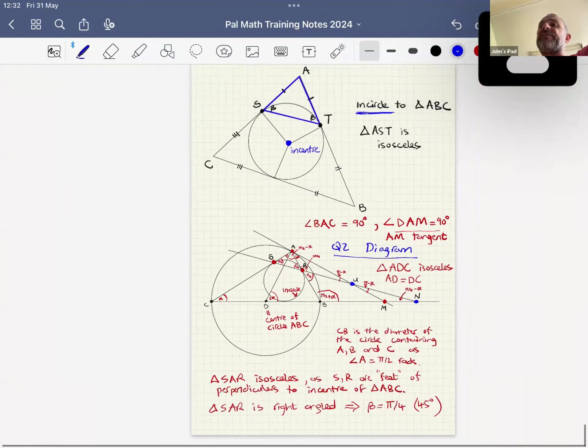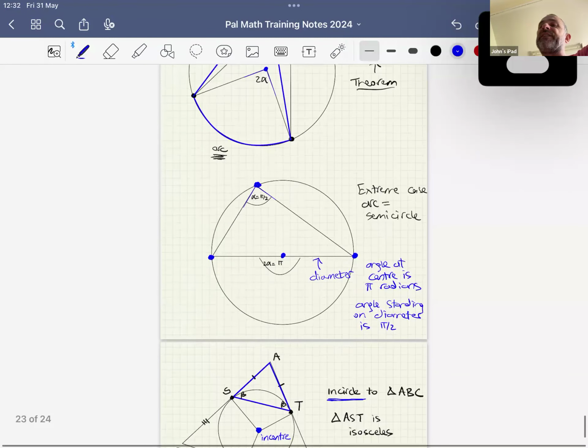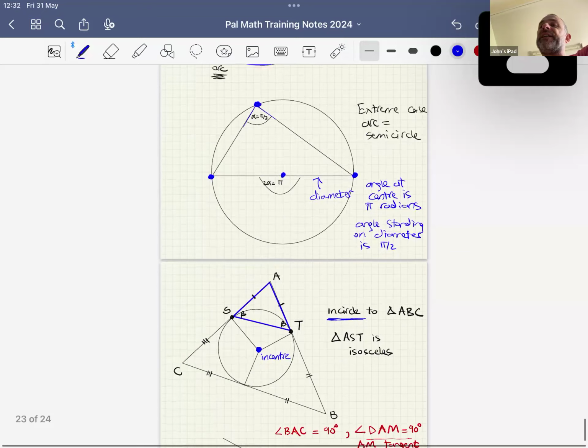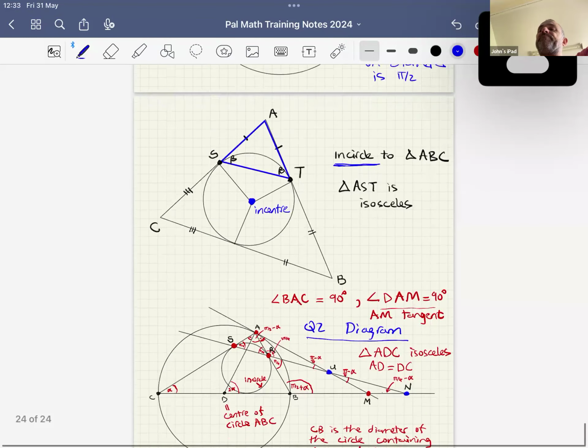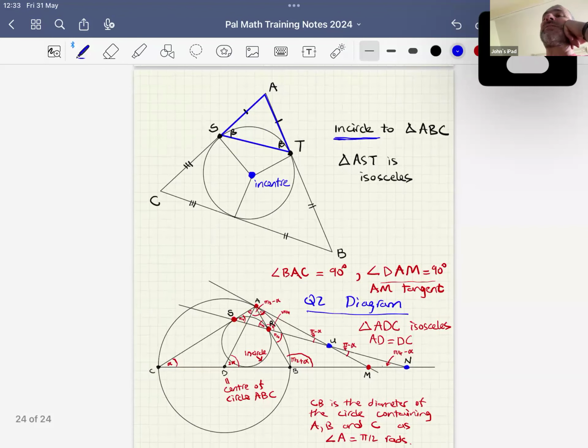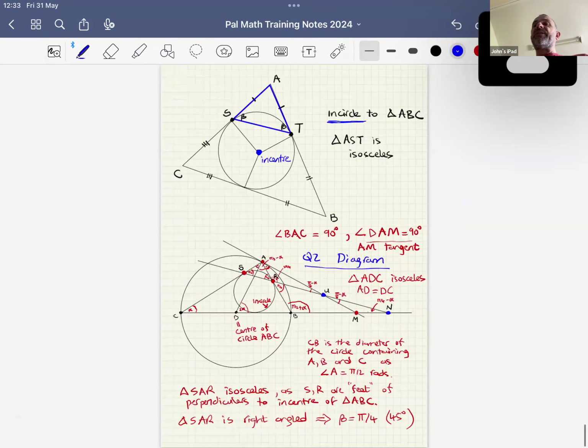The idea of the angle standing on an arc, the fact that you have the diameter of a circle, and then what happens with the incircle, and the sort of isosceles triangles you get there, and then the rest of it is an angle chase. Okay, so that's probably enough on question 2. So if you don't mind, I'll move on to question 1, which was a very nice question.